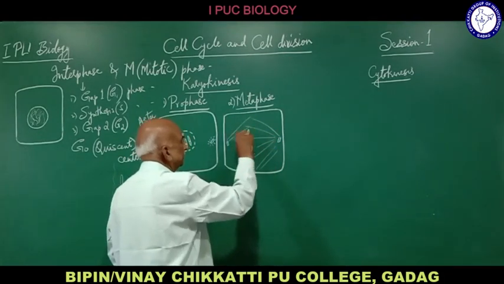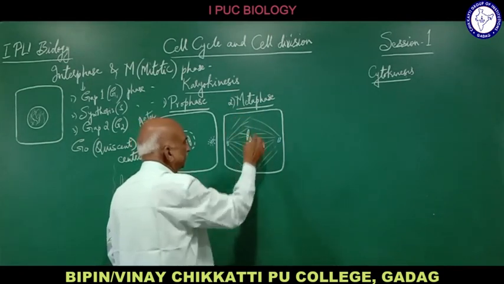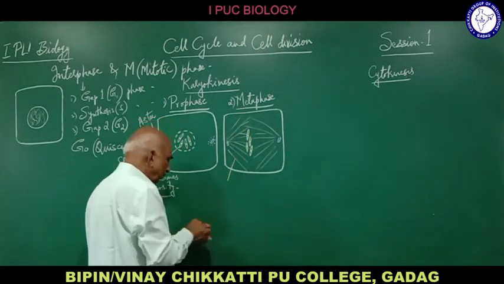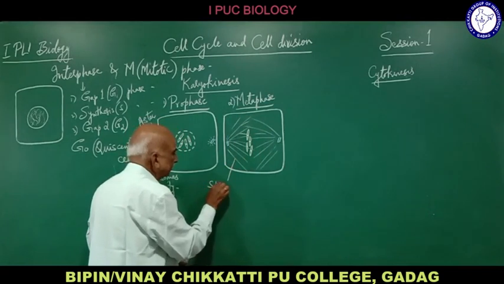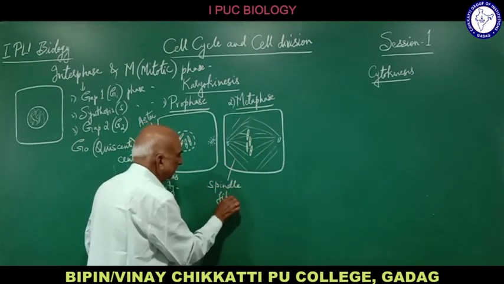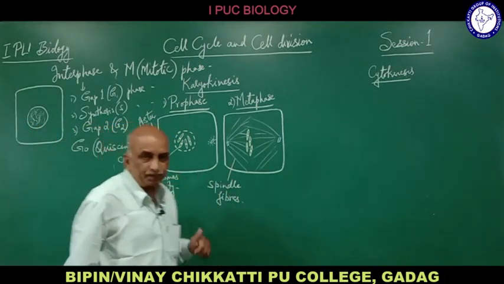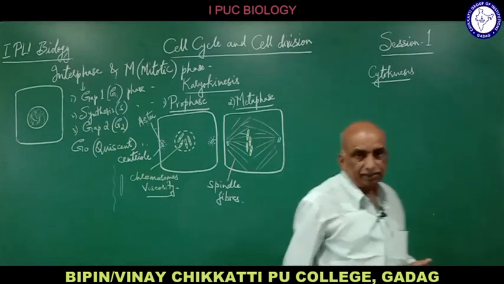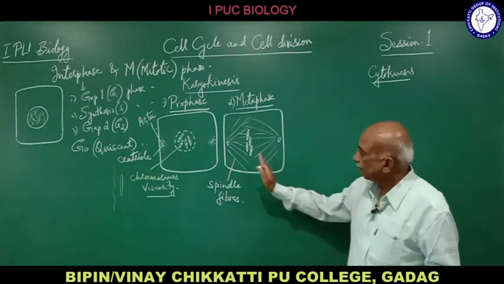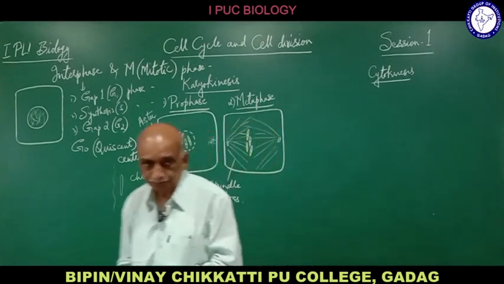These are called spindle fibers, or mitotic apparatus. So the chromosomes become arranged in the equatorial plane of the cell. This is the equatorial plane, that is, the central region.